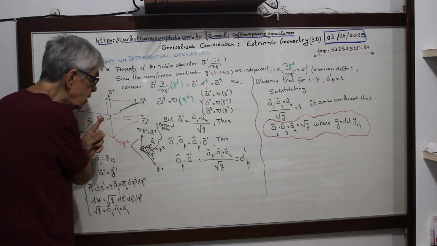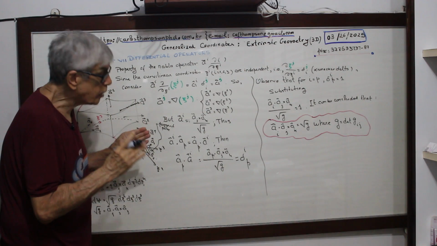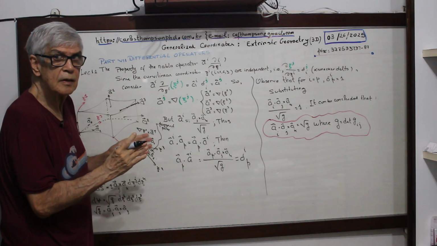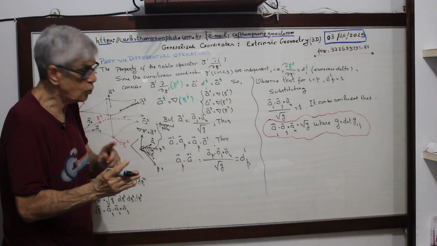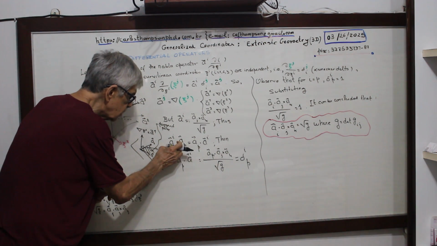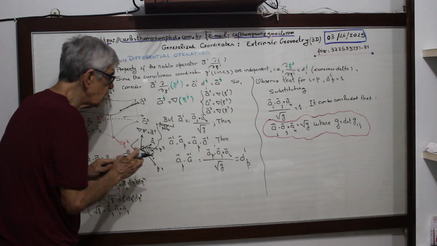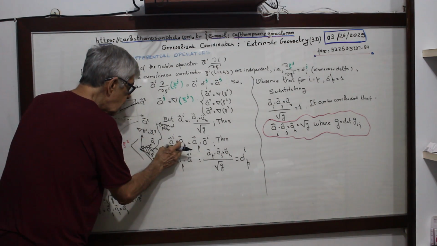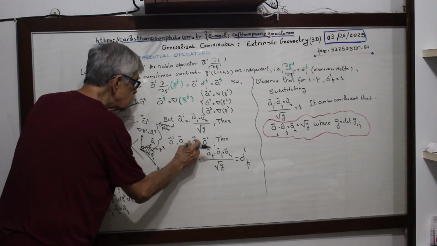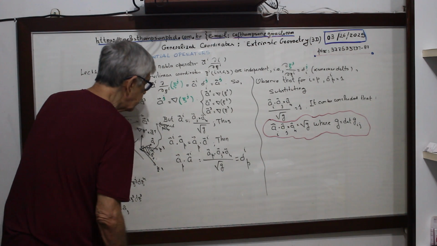Attention now, only for the dot product of two vectors. A dot product of a vector and a second order tensor, you cannot commute. This is completely different, okay? Now, since we have a dot product of two vectors, AI dot AP is AP dot AI.